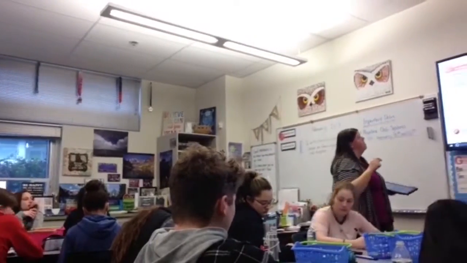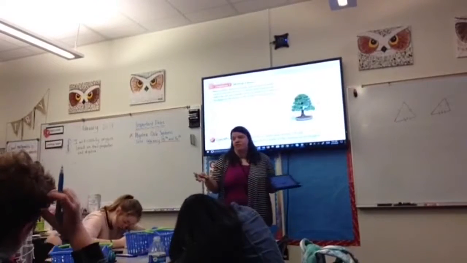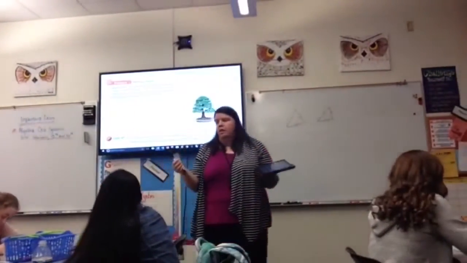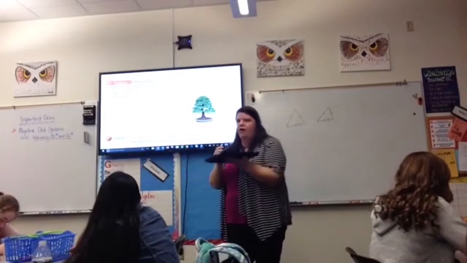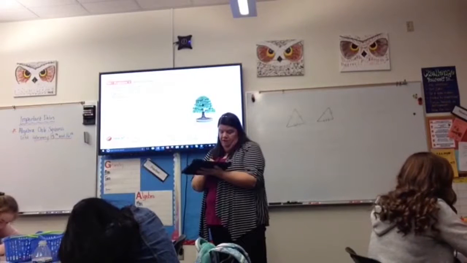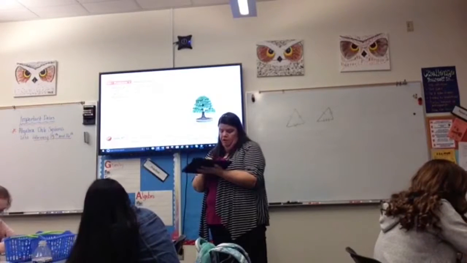Okay, so let's convert the 118 feet into inches. How do we do that? We multiply it by 12 because there are 12 inches in a foot. Okay, so this is 118 feet. Okay, I know you've been doing conversions in your science class.